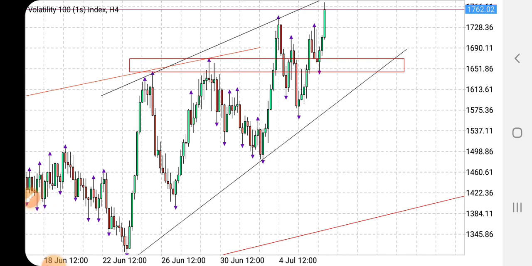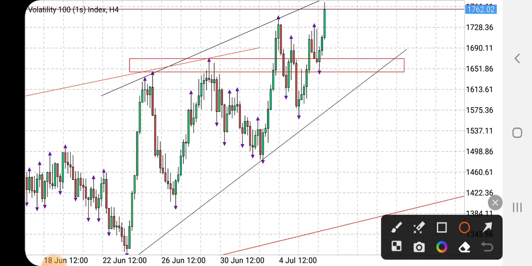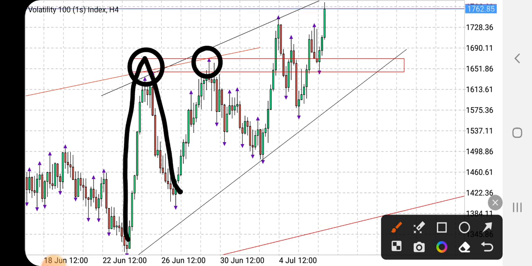So what are you going to be doing now with this analysis or with these lines? Before I show you, let's just check what happened before. Let's say you have put in your line here as your resistance and stretched it to this zone. After the price pushed up, you marked out that zone, and the price returned to that zone again.